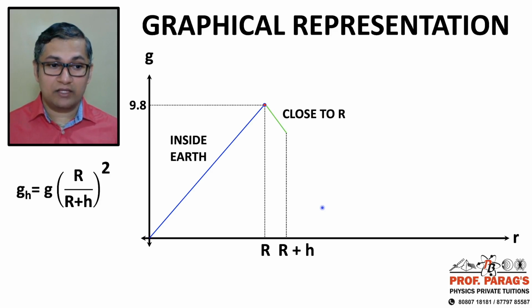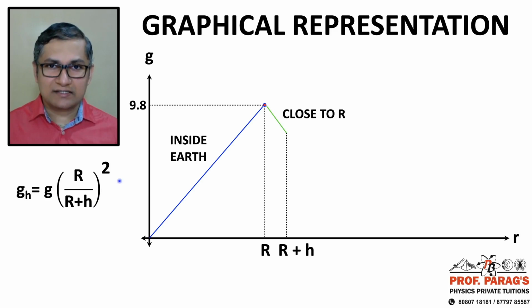So it's now going to be gh is equal to g into brackets R upon R plus h, the whole square. Now you can clearly see the degree for h has become 2. The whole denominator is squared, and that too in the denominator, not in the numerator.